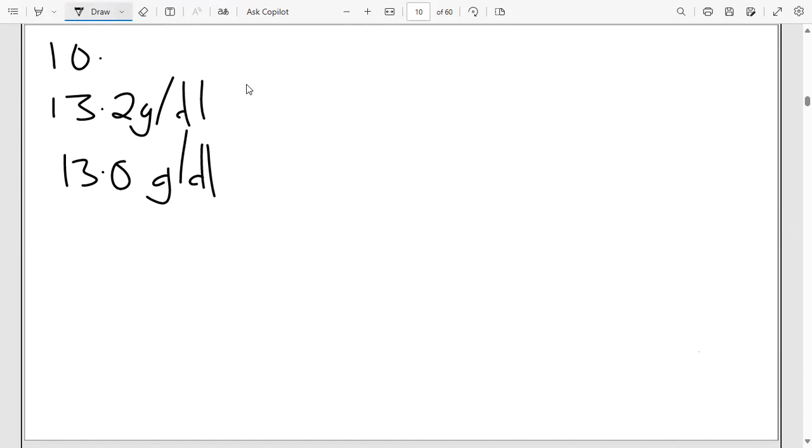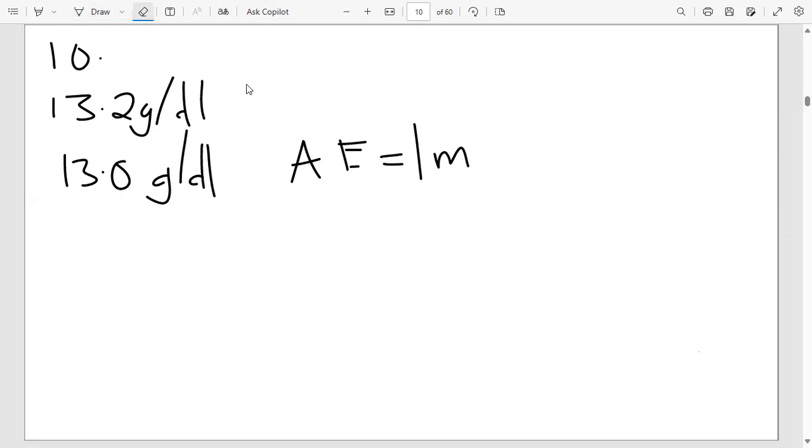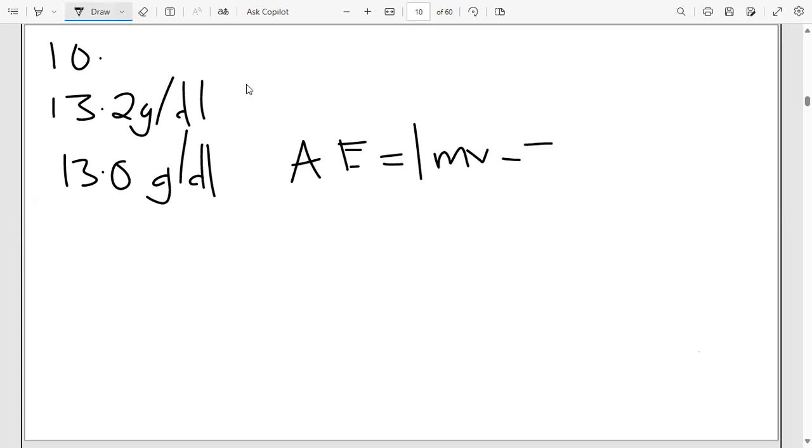And how do we calculate absolute error? Absolute error is just the difference between the measured value and the true value. We already defined this. I'll be writing in short forms. You can complete it in your assignment. The absolute error will be equal to the absolute value of the measured value, which I can just call MV, minus the true value.